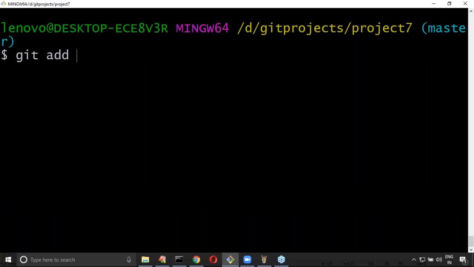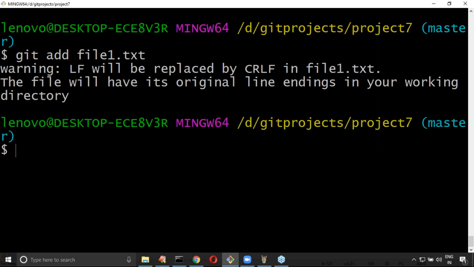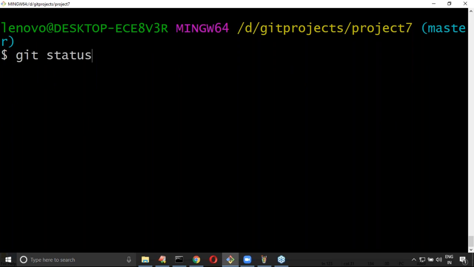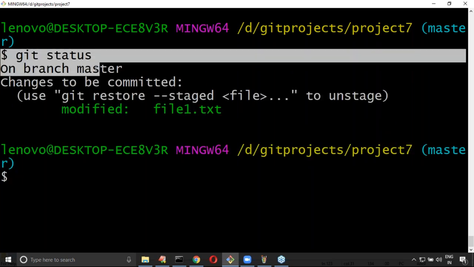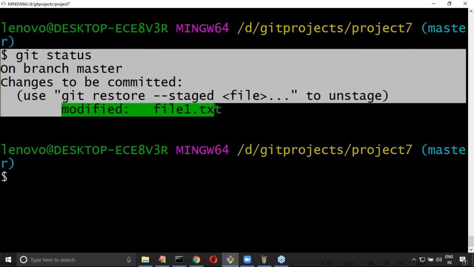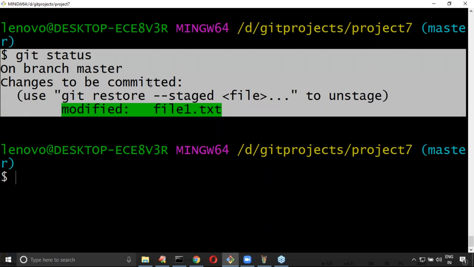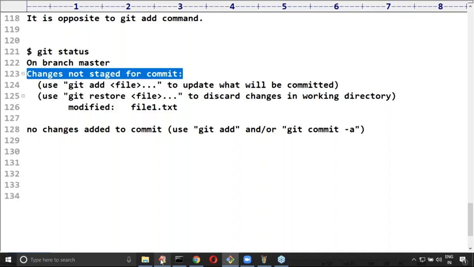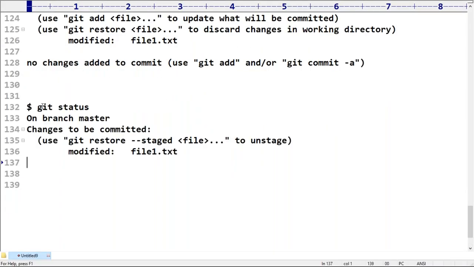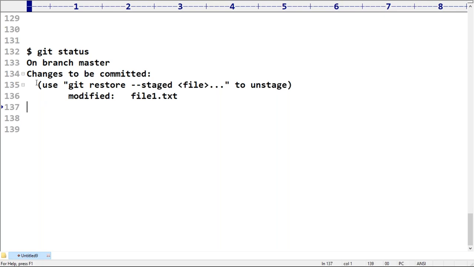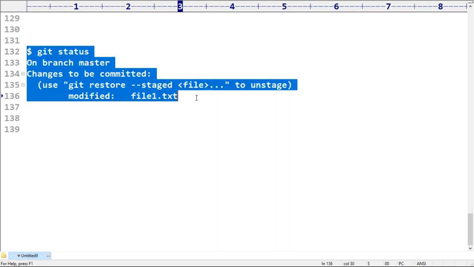Now git add file1.txt. Added. Now if I use git status, observe that on branch master, changes to be committed. This is the status we have now. Is it added to the staging area or not? Please confirm. Yes, added.